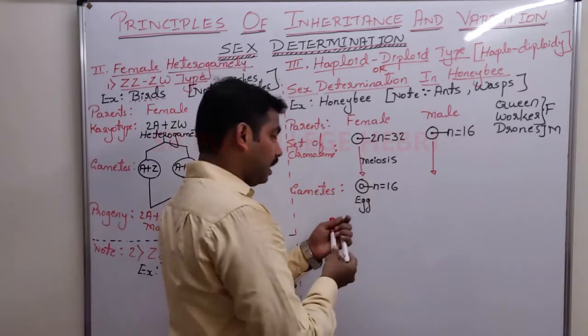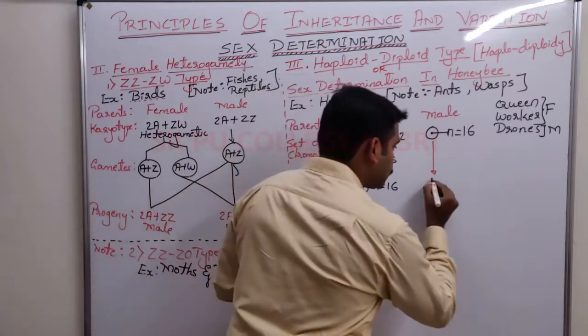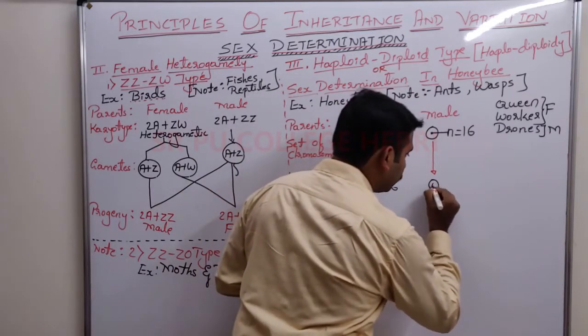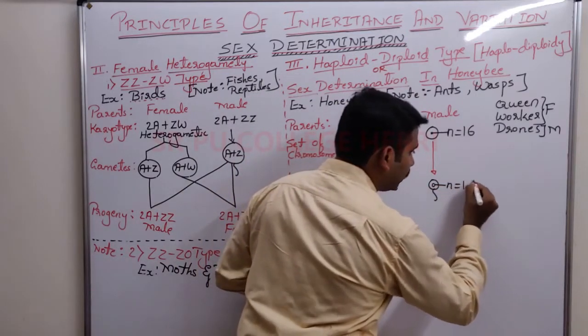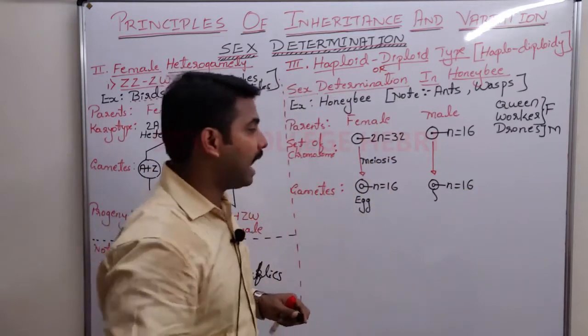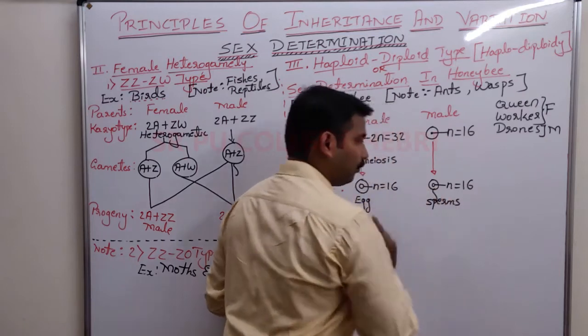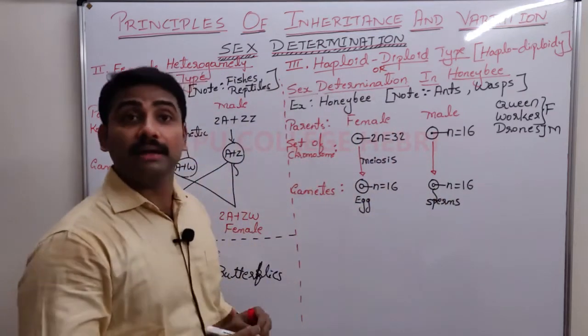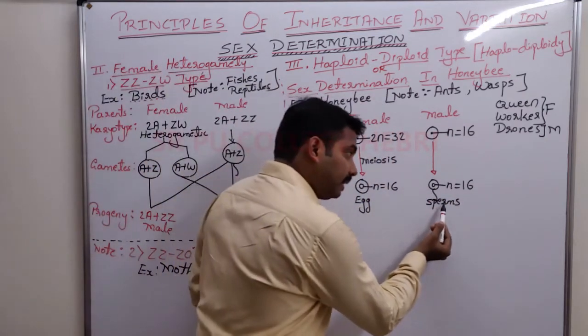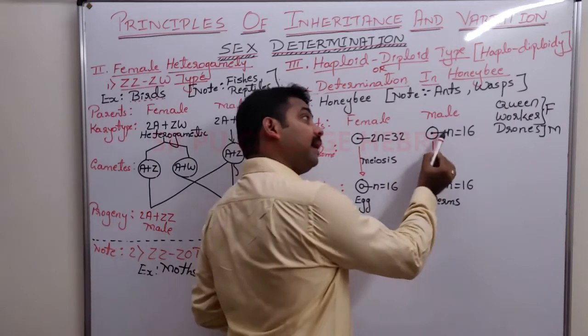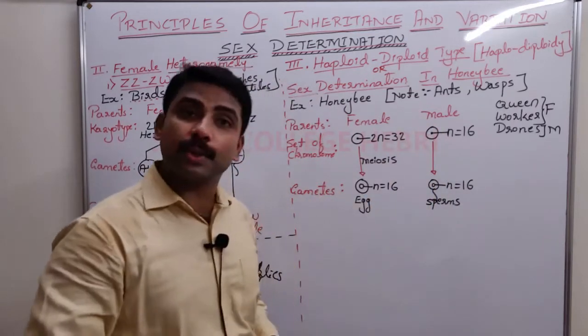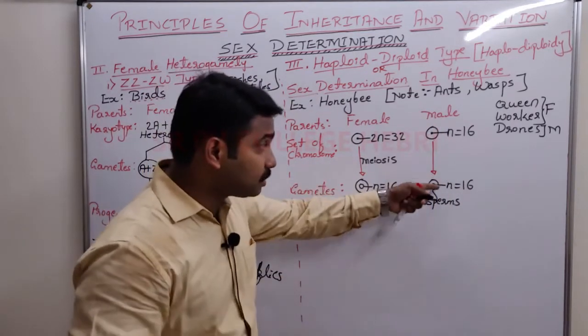But here, if you observe, the sperm produced by the male individual is again what? Haploid. The sperms are haploid, the gamete is also haploid, and the parental body cell is also haploid, right? There is no reduction.